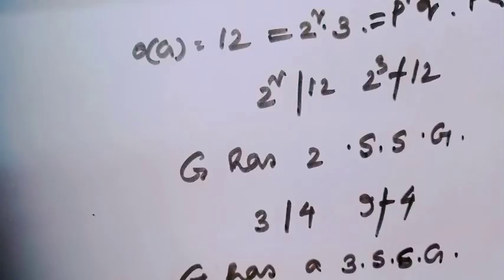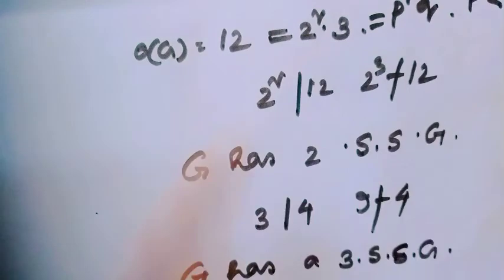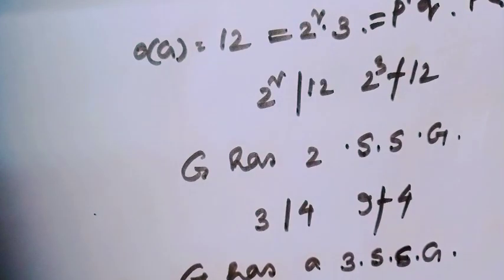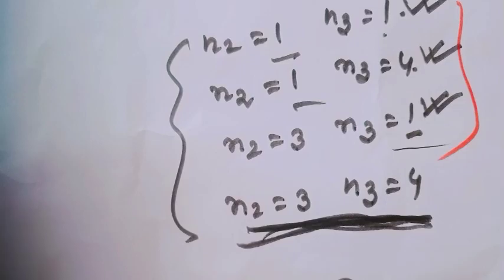And when n2 equal to 3, since the order of a 2-Sylow subgroup is 4, there will always exist at least one Sylow 2-subgroup, and that covers all the remaining elements of the group. Then there cannot exist other 2-Sylow subgroups, because all elements have been used.